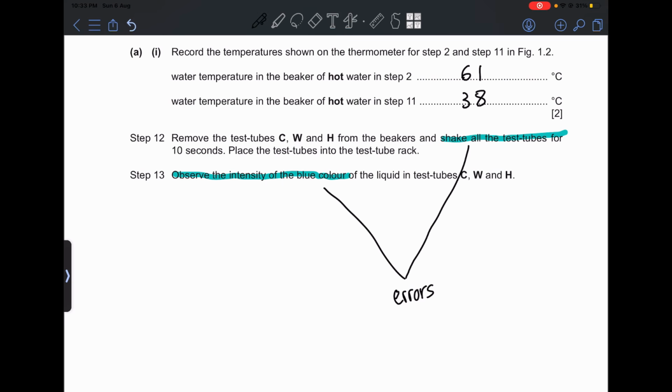This is something subjective. This means that it can be different from one eye to another. You should use a colorimeter instead. This is a very common mistake or error in paper 6 exams. You should use this device called a colorimeter to actually observe any color.